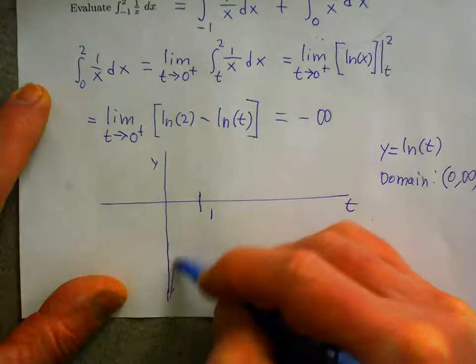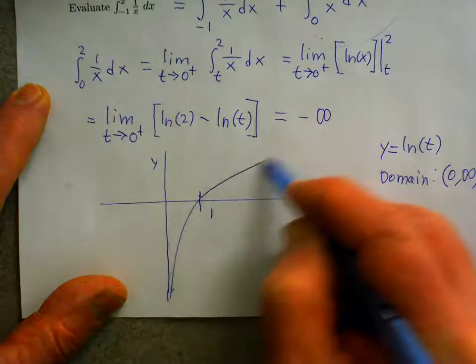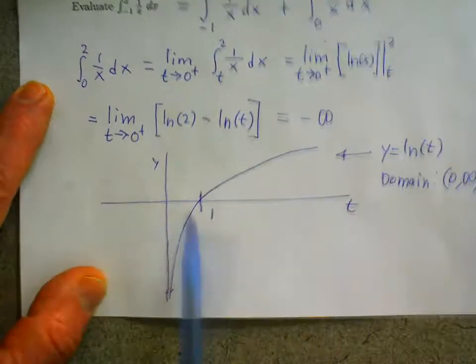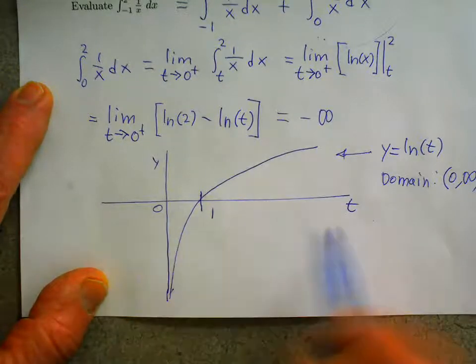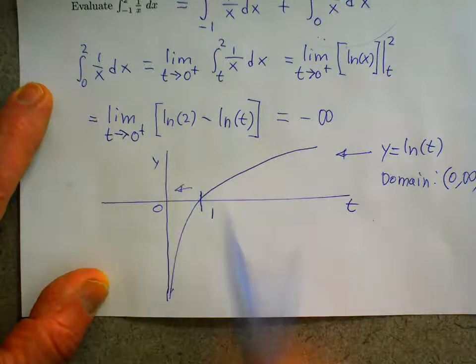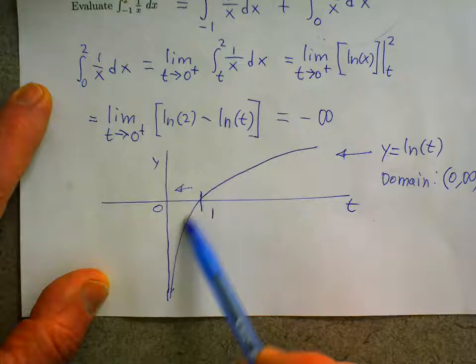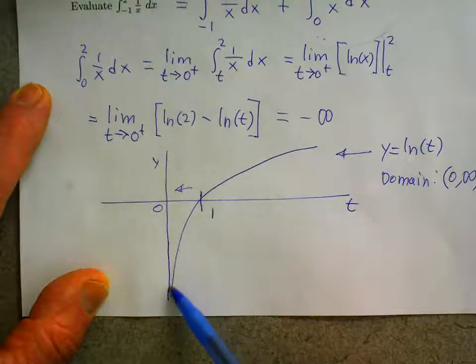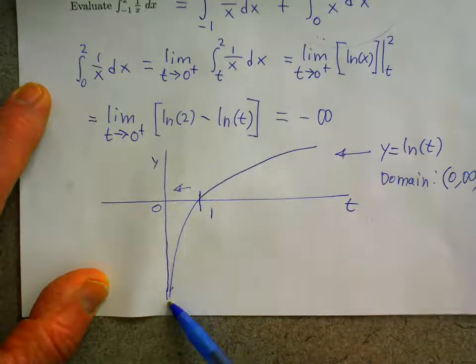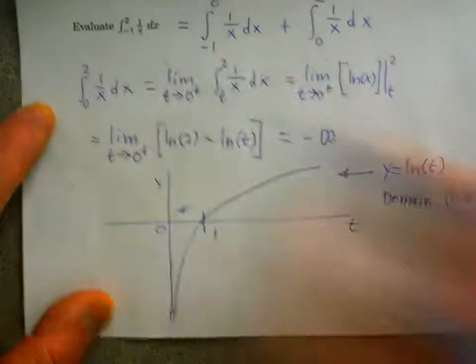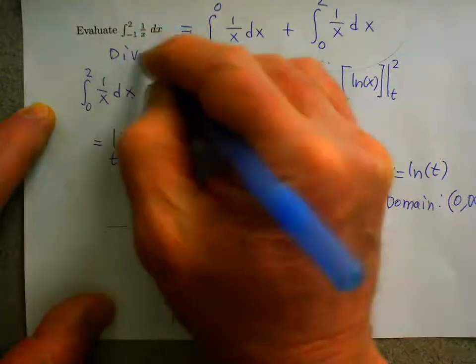The graph looks something like that. So if the t-values approach 0 from the right, the natural log of t approaches negative infinity. Okay, so this one is divergent.